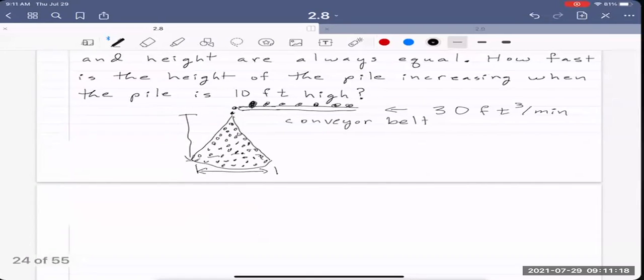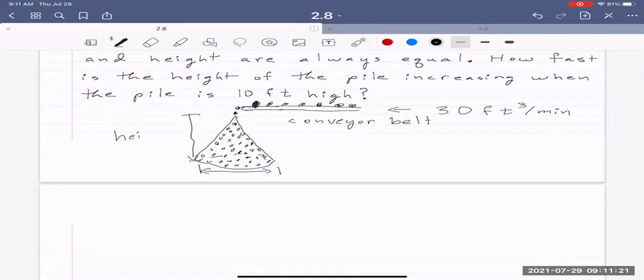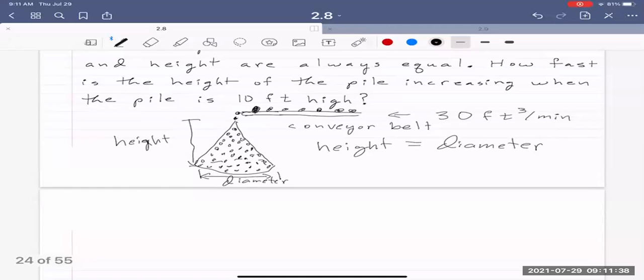So the height here and the diameter are going to be the same. Somehow when we dump it, it's into a nice looking cone so that this height here is the same as its diameter.